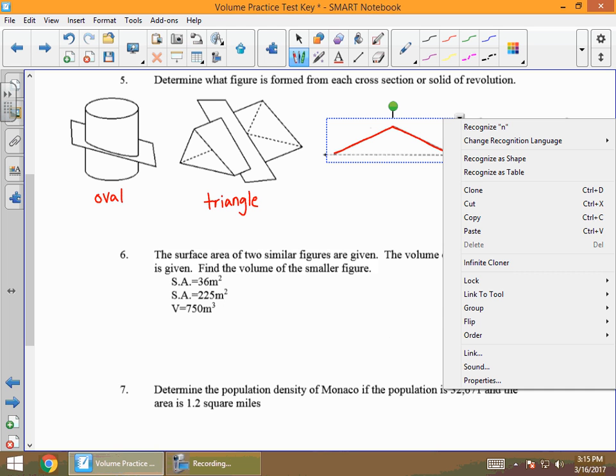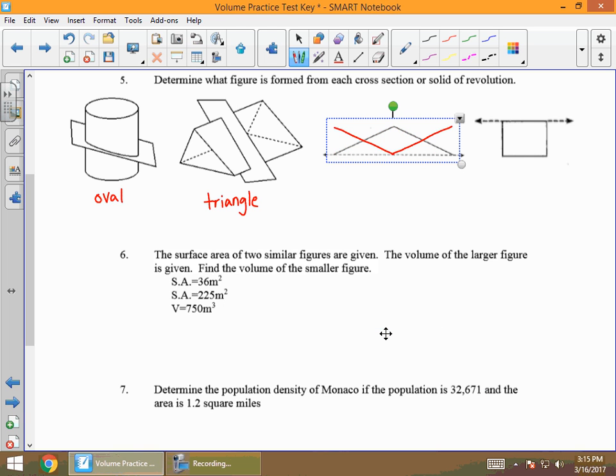All right, so when I flip this, what would happen is as I start spinning this thing around and around, it's going to make this kind of shape where we have like 2 cones. And that thing would start spinning around in a circle, and it would make 2 cones that have been kind of joined at the base.